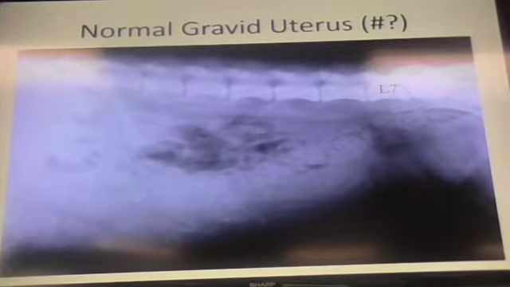Okay, here's a normal uterus. So when do you say bring the pet in so I can count the fetal skulls? Don't wait until right at 42, 45 days, because all you're going to see is subtle mineralization. Wait till it's as close to term as possible.